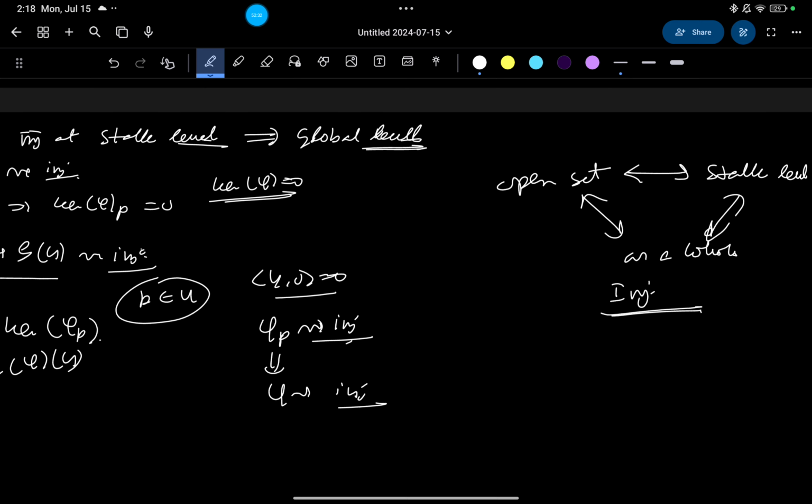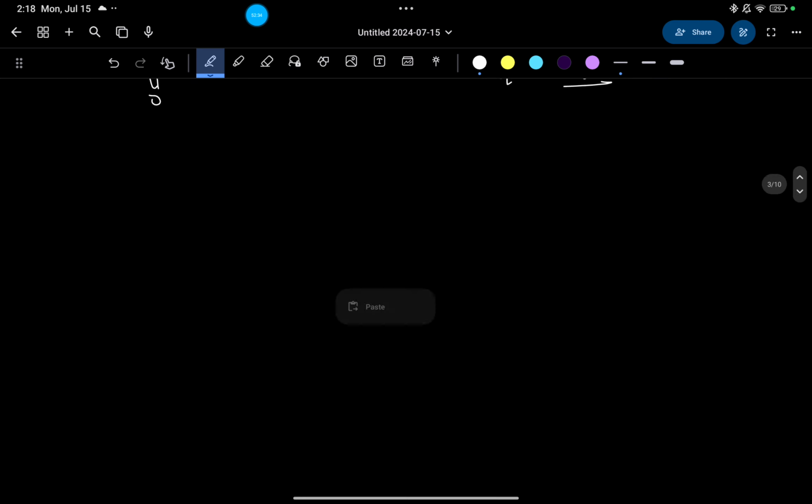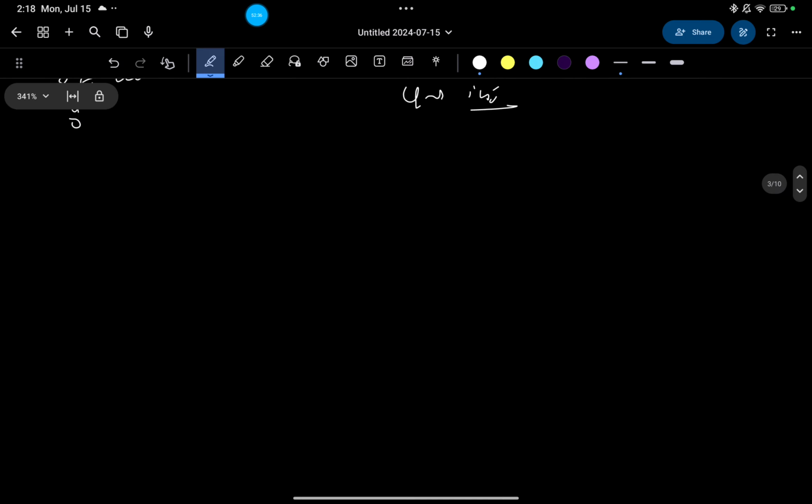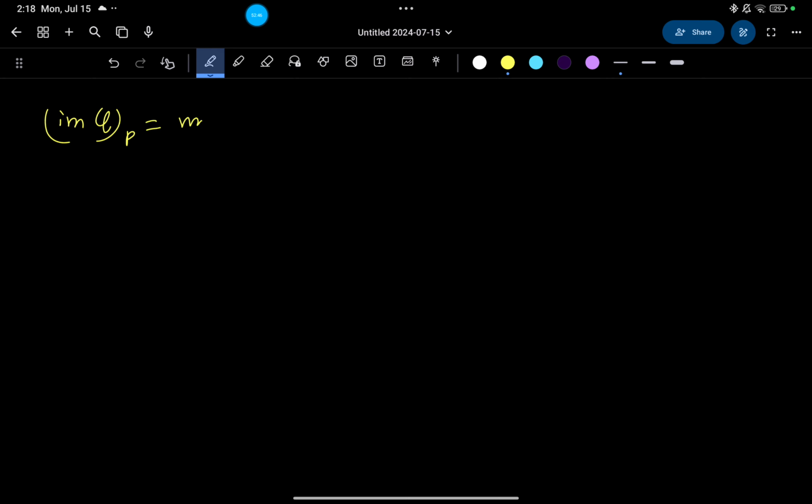Now let us see the same one, is it true for surjectivity? So similarly, like the kernel of phi, you can get that the stalk of the image sheaf is nothing but the image of phi p. And once I have phi from f to g, this is surjective.